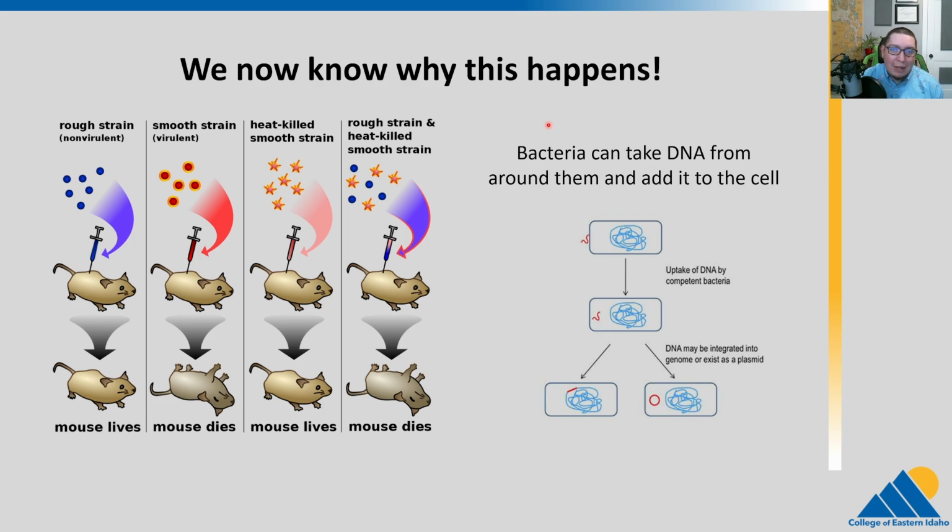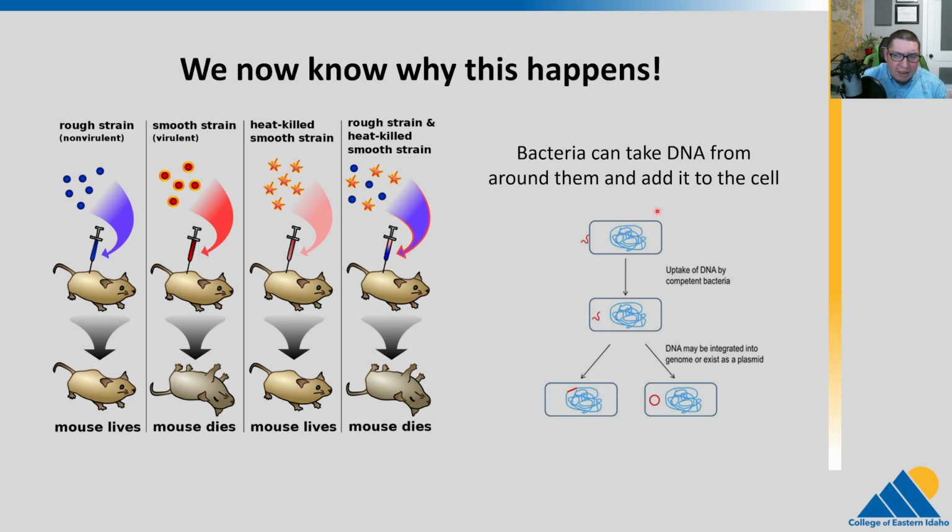Bacteria will occasionally just take DNA from their environment and bring it into their cells and add it into their genome. Now, that might seem weird. We don't like to do that because that puts us at risk of viruses, but this transformation principle can add new genes to bacteria. It gives them genetic diversity. Bacteria don't do sexual reproduction, so this is a way of introducing genetic diversity into bacterial populations.